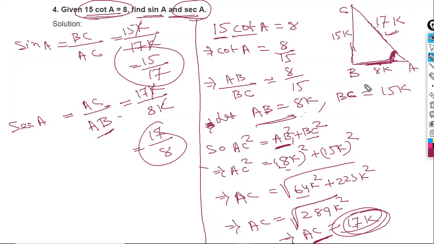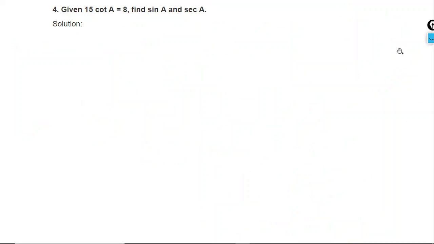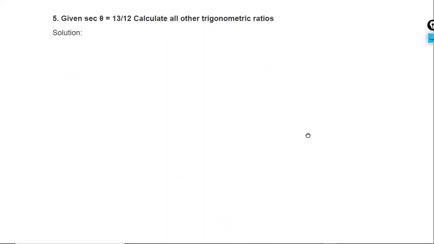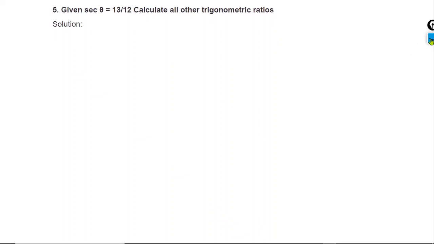Now we will move to the next question, question number 5. Given sec theta equal to 13 by 12, calculate all other trigonometric ratios.